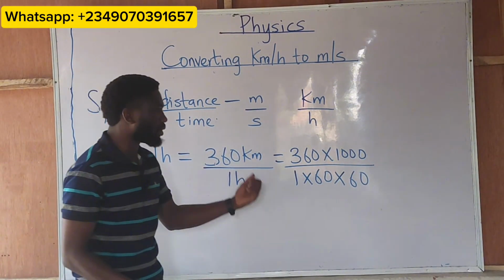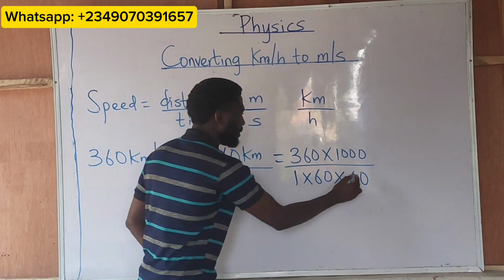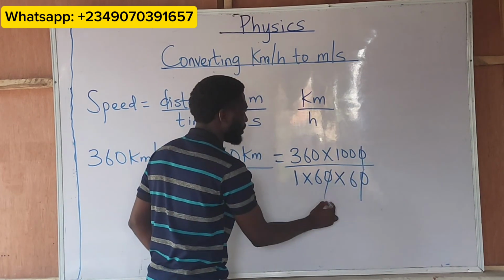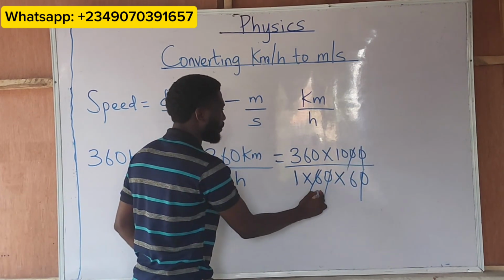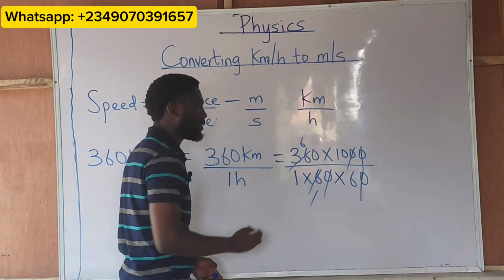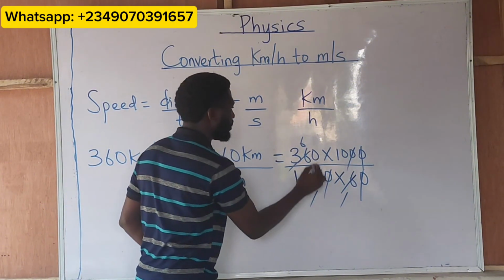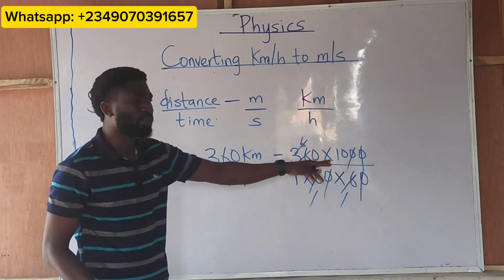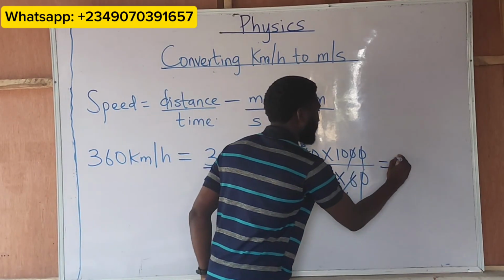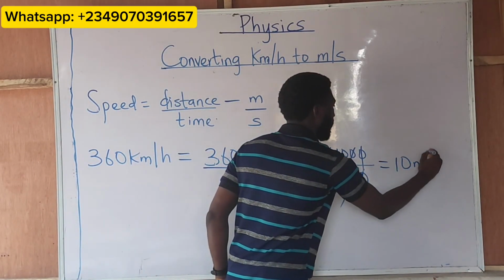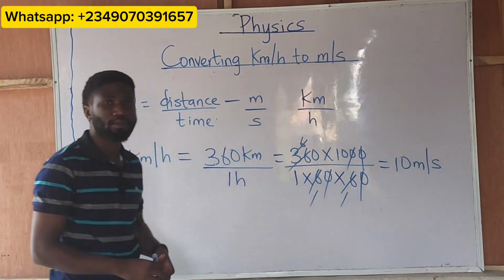So if you punch your calculator, the zeros cancel out, 6 sixes are 36, and what you have left is 10. So that is 10 meter per second.